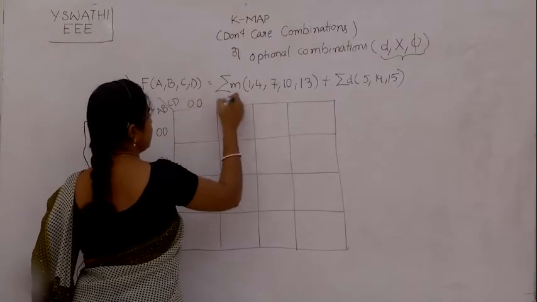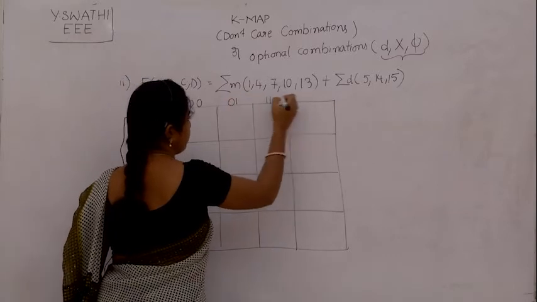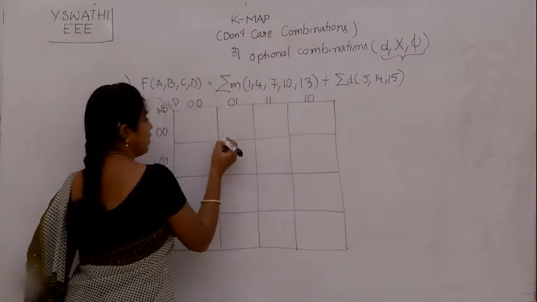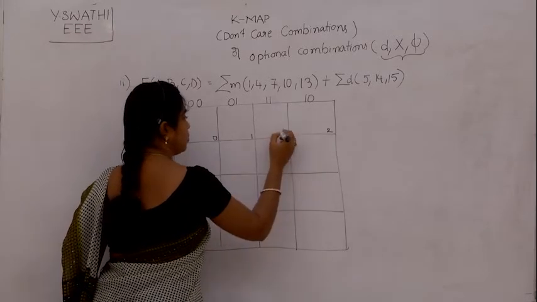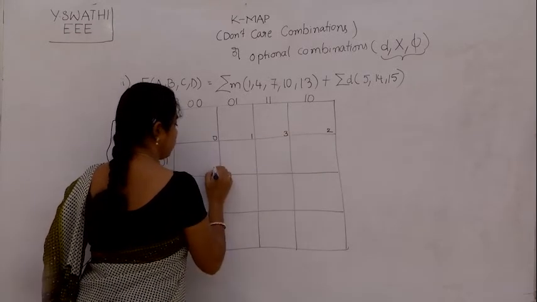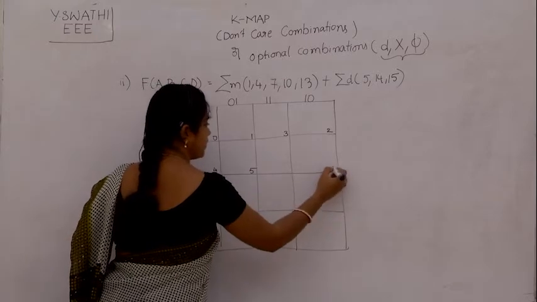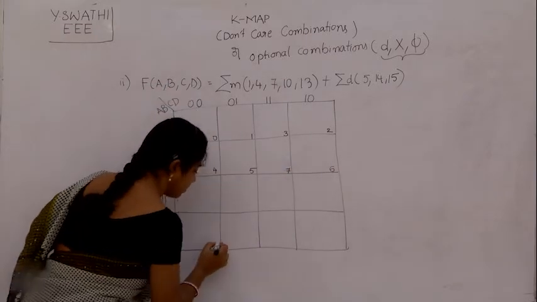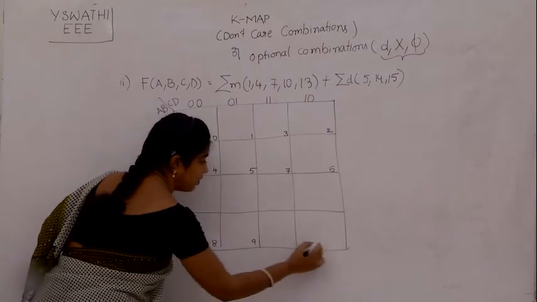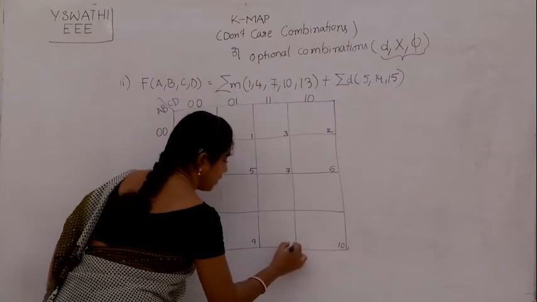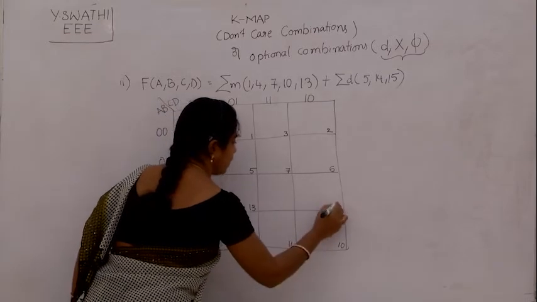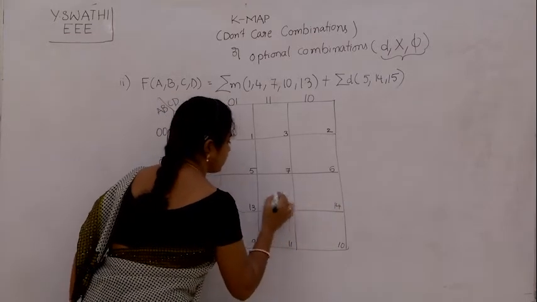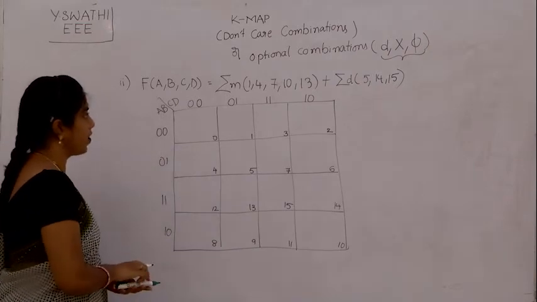Here CD are 0 0, 0 1, 1 1 and 1 0. The min-term combinations are 0, 1, 2, 3, 4 up to 15. This is the min-term representation of the K-map.